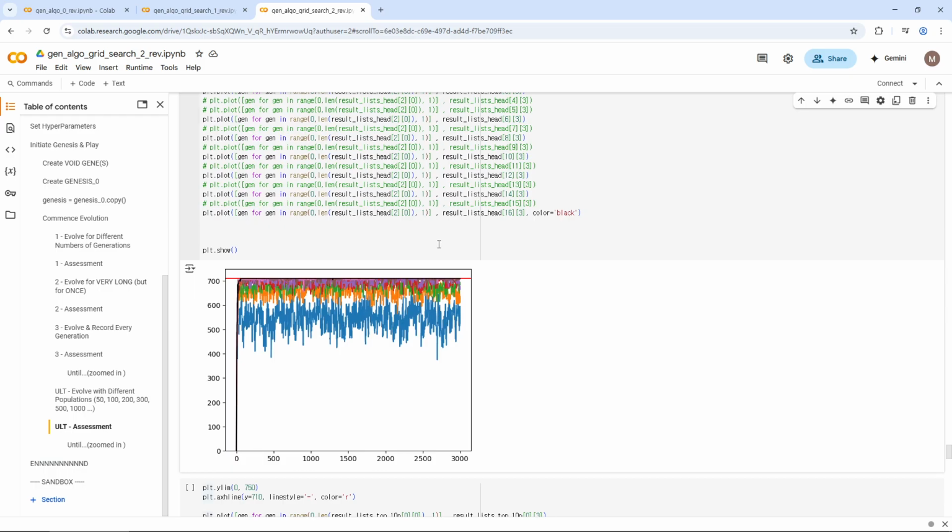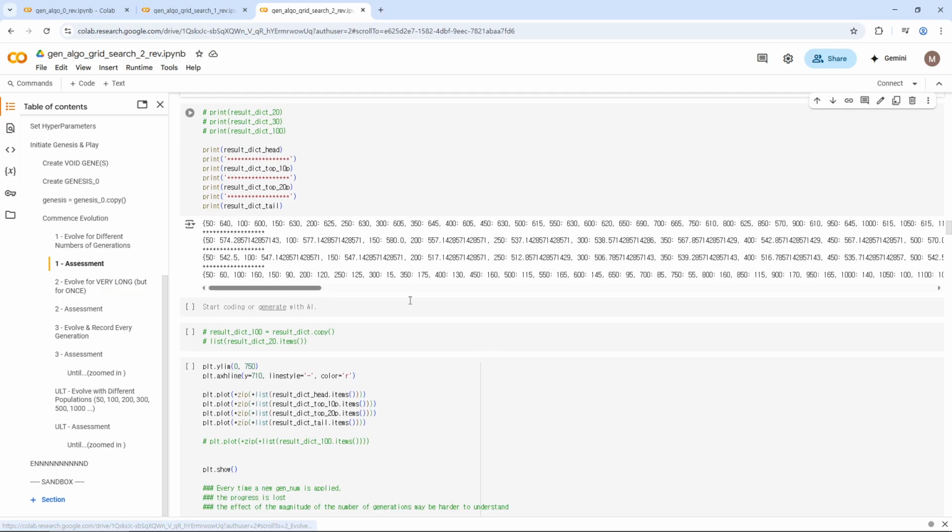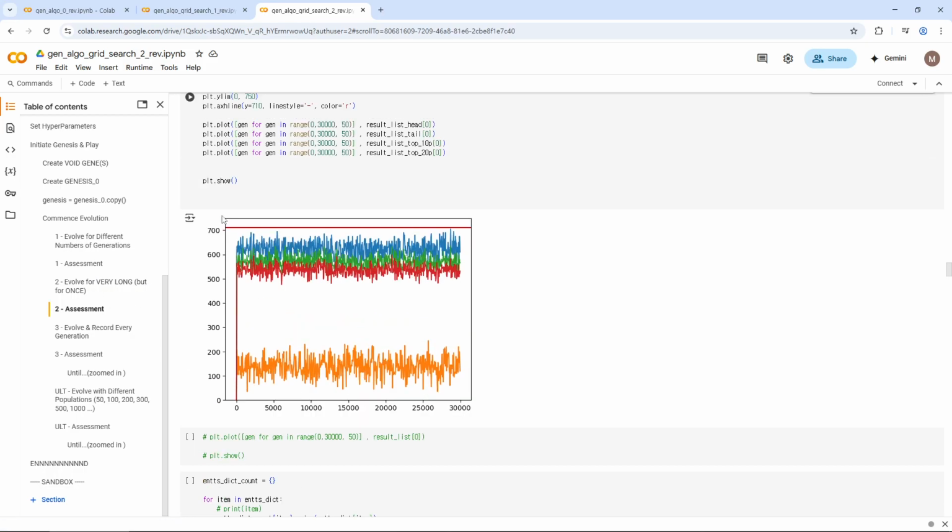So per generation there's always one or two, more than one entity around 705 or 710. And this one, the blue line, is for when the population size is 50, and as you can see, it oscillates a lot, as we've seen here.